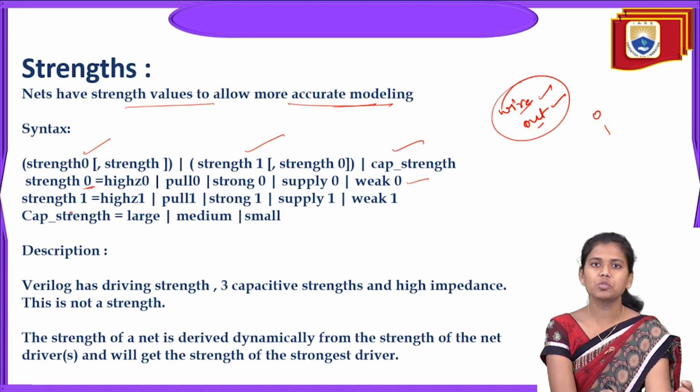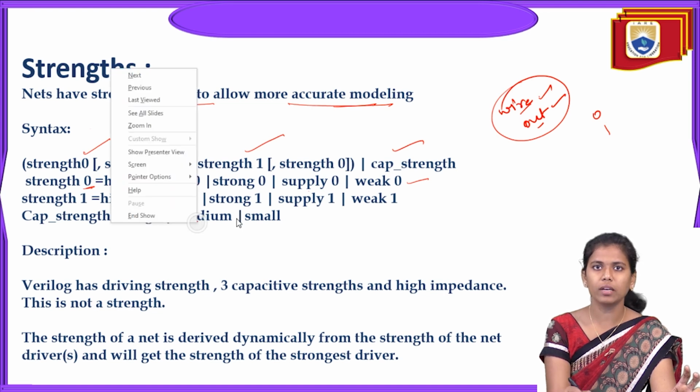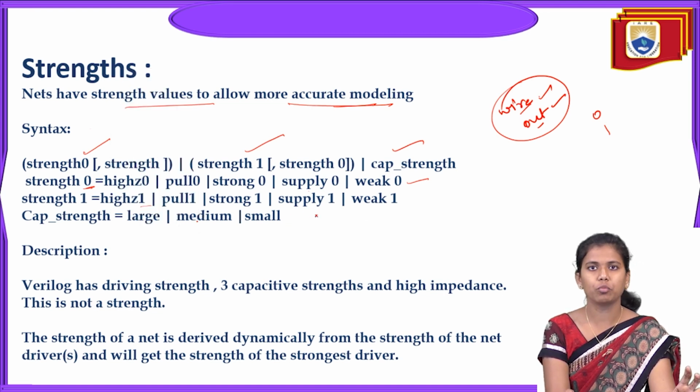And when it comes to strength 1, it says that it is a high strength, high variable, high net. For strength 1, in all the aspects the degree of that particular signal would be high. That is highz1, pull1, weak1 and supply1.